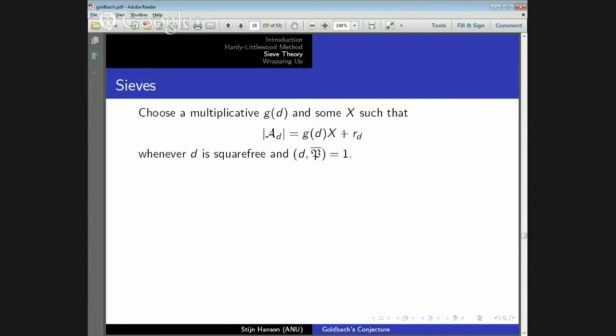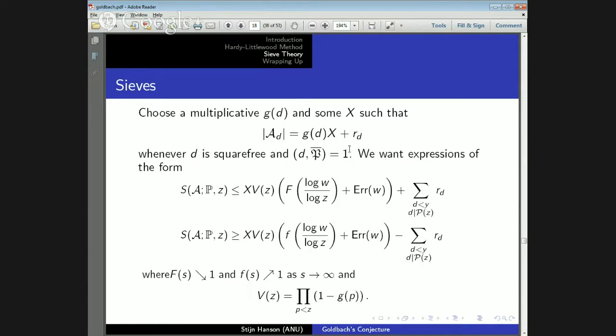So we have to introduce a remainder term, which is this thing over here. And for similar reasons as in the Eratosthenes-Legendre, we're going to say that d can't contain squares for this, and it has to be only divisible by primes in P. Can't be divisible by any other primes. But again, don't worry about that too much. It's just included for completeness.